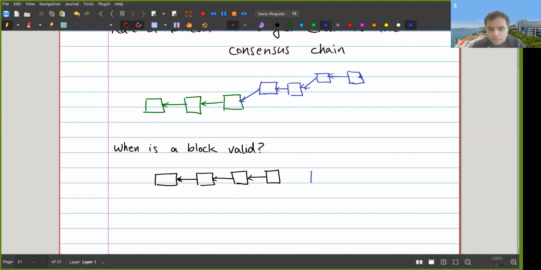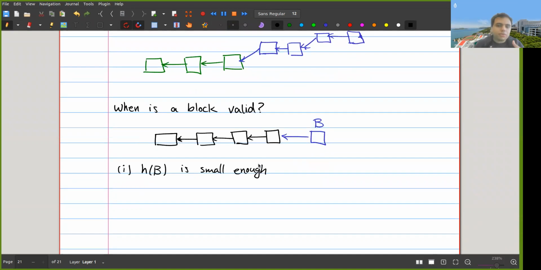Now, someone wants to add a new block. So what do you check for this new block B? Well, you first check that the hash of B is small enough, right? So you take the hash and you make sure that the hash is really small enough so that the person who wanted to add B actually has solved the puzzle and the hard computational problem that they had to solve.